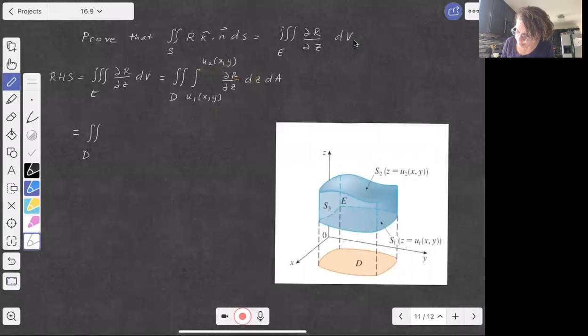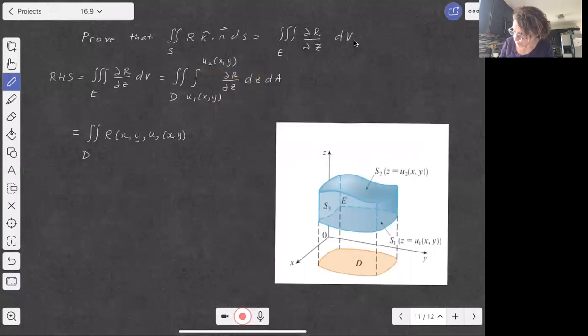So I'll have R at x, y, and the upper limit of integration, u2 of x, y, and then minus R at x, y, and u1 of x, y. And that is multiplied by dA.